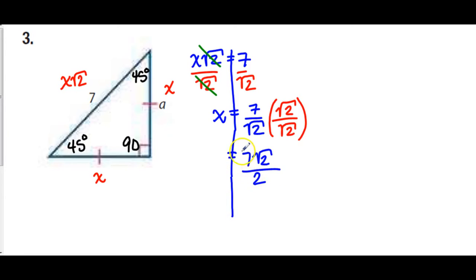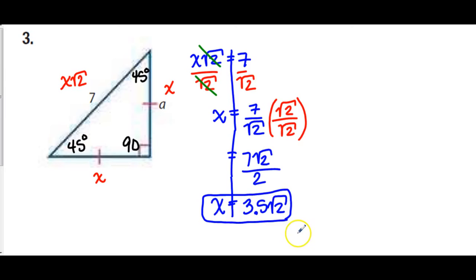Well, I see I have 7 divided by 2, so I can take this one more step and say 3.5 root 2. So x equals 3.5 root 2, which makes this missing value 3.5 root 2.